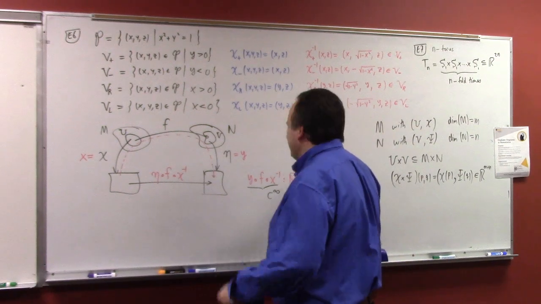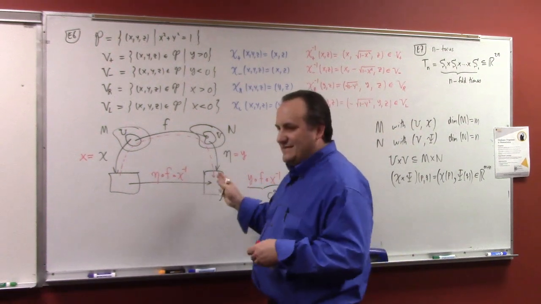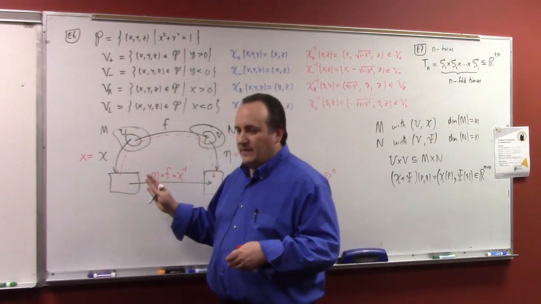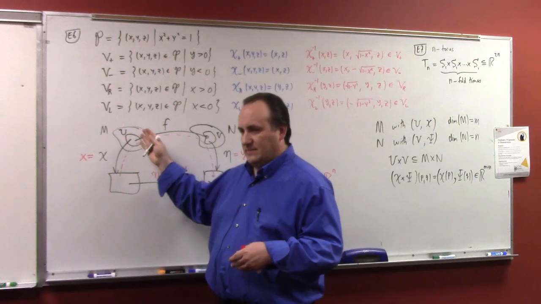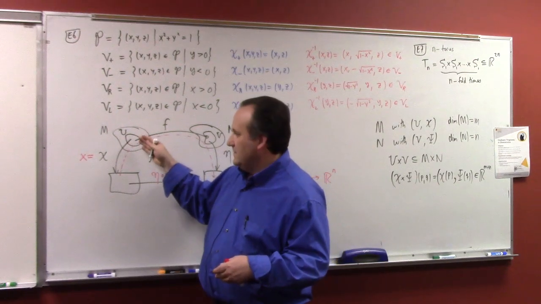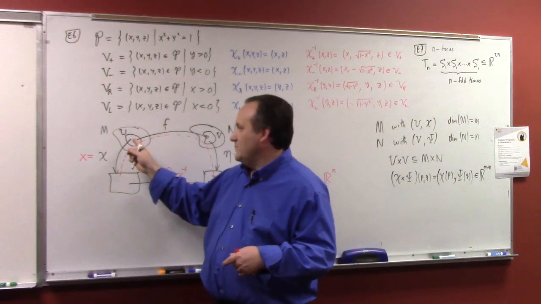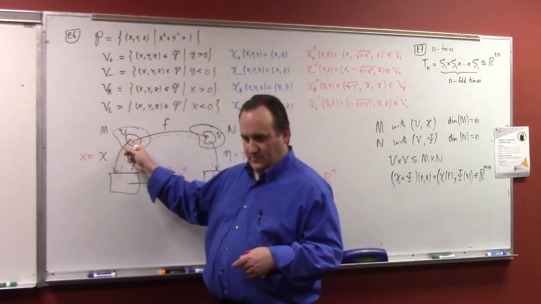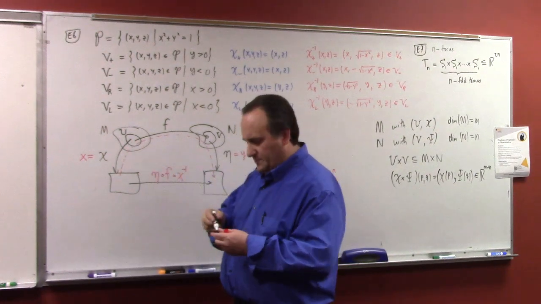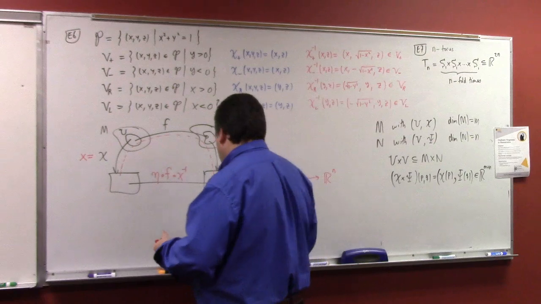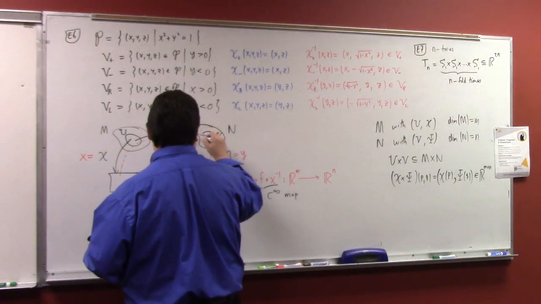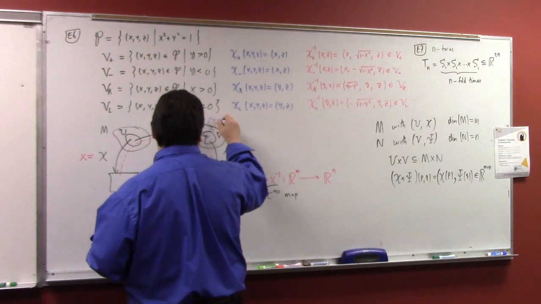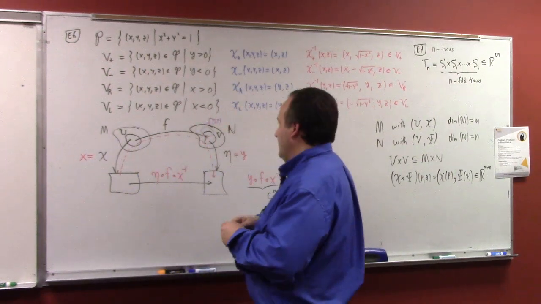Now, of course, we're really only going to insist that it be C infinity where? In the appropriate place, right? The question is which part of U. So like maybe f of U looks like this, right? F of U looks like that.